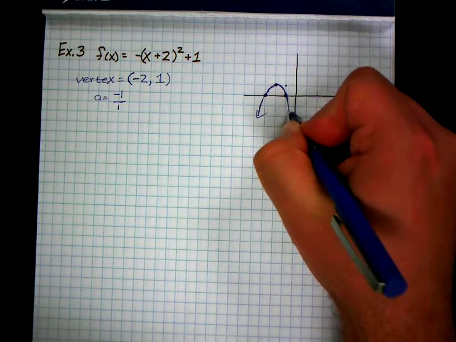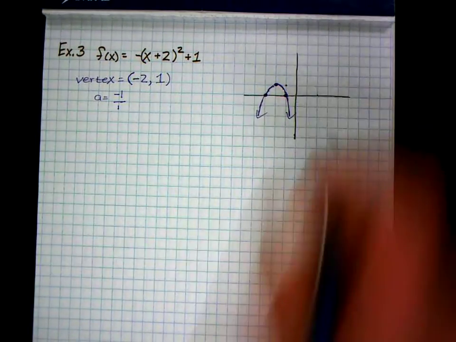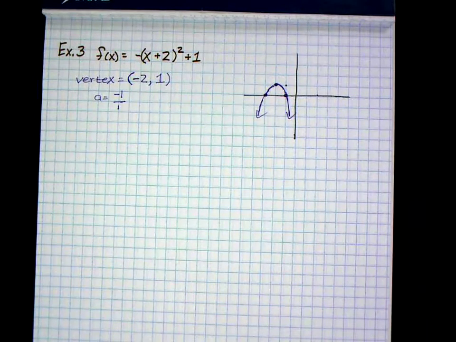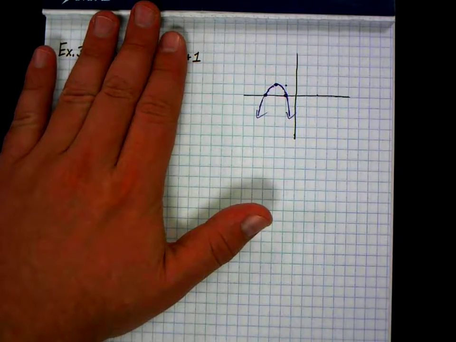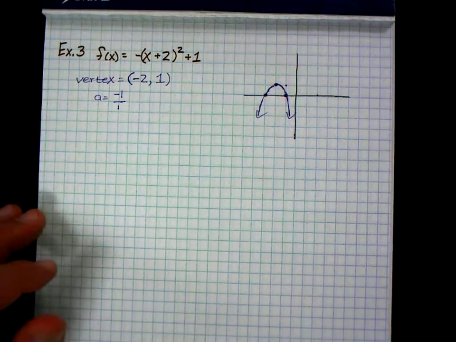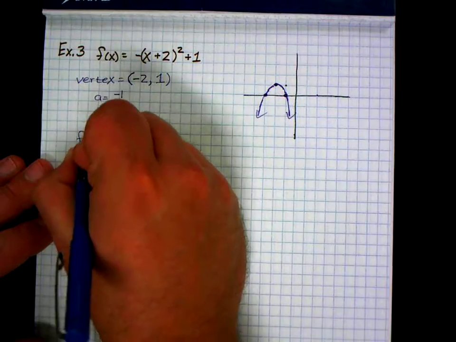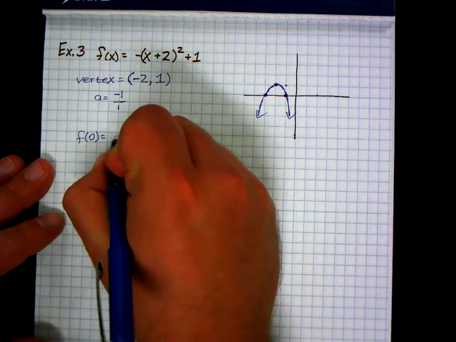Now again, if you would prefer to plug in another point, I am totally okay with that. It is not as easy as with standard form. You don't get to use your y-intercept because this is not your y-intercept. So if you want to plug in 0, you'd have to actually plug in 0 and figure out what it equals.